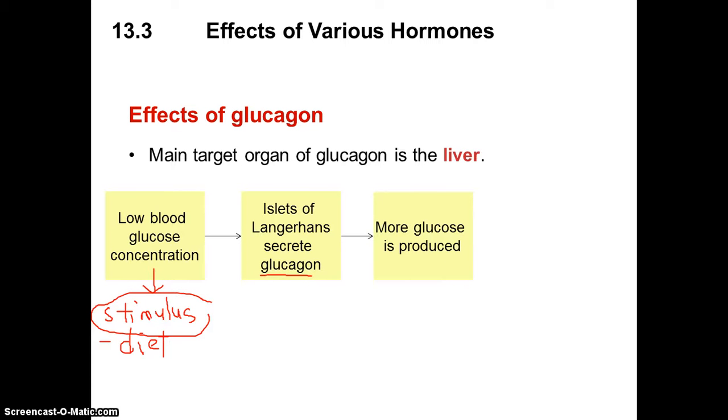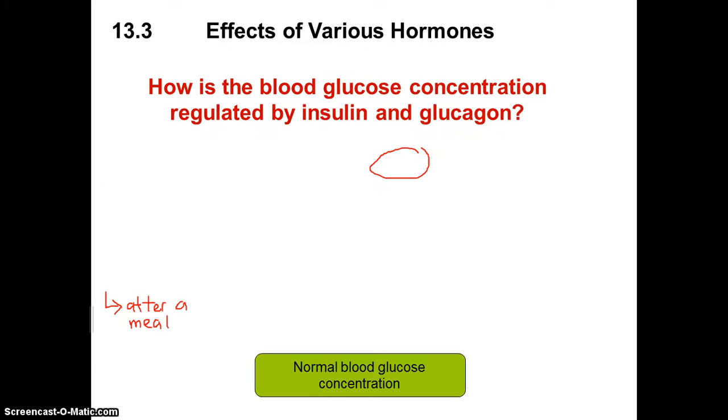Hence, more glucose is produced by the conversions, for example, glycogen into glucose, and this results in an increase in the blood glucose concentrations. We have looked into the effect of both hormones, insulin and glucagon. Let's look at how this looks in cycle form.